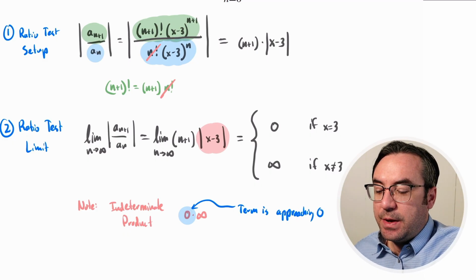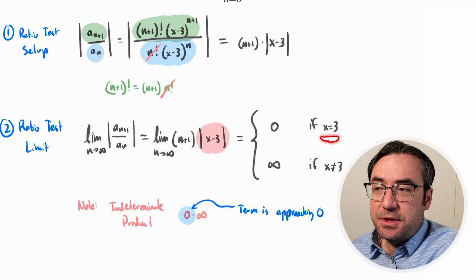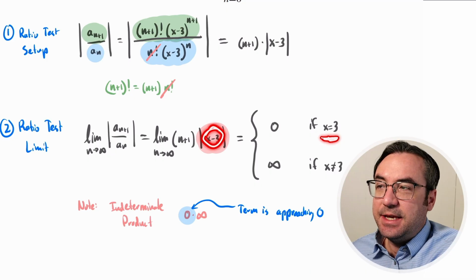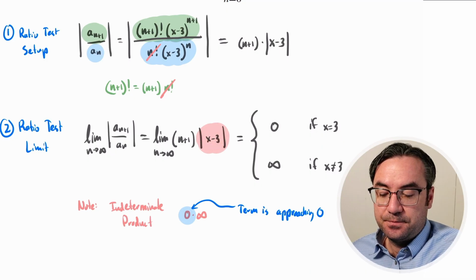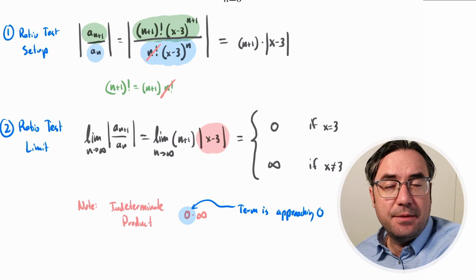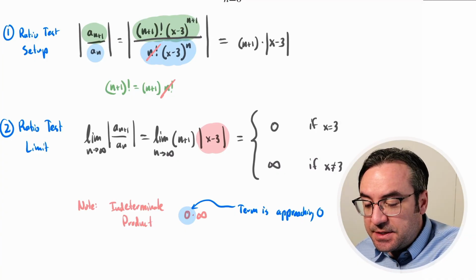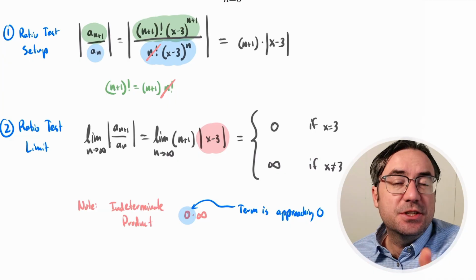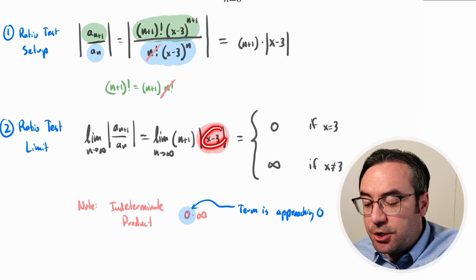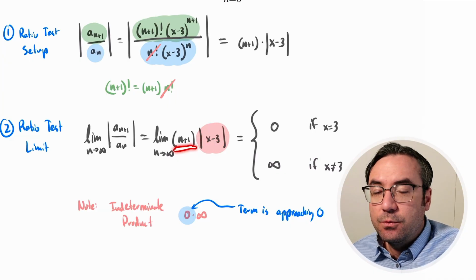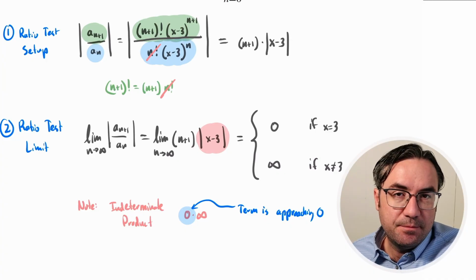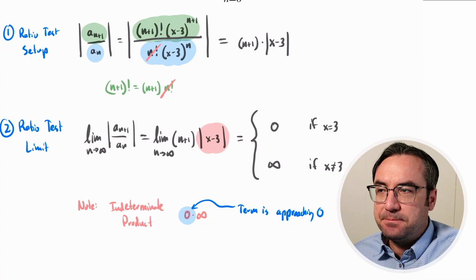And that's different than what we have here. When x is equal to 3, this is exactly equal to 0. So that's why it's not indeterminate, because we know this is exactly equal to 0. It's not just a small positive number. This term is exactly equal to 0, which will cancel off any number that we multiply with it.